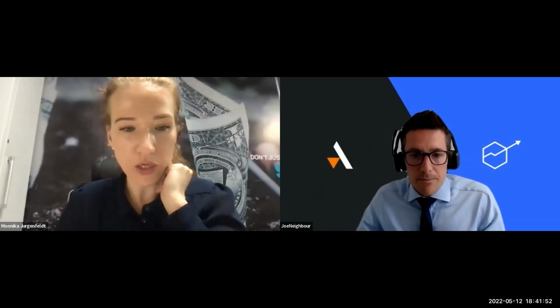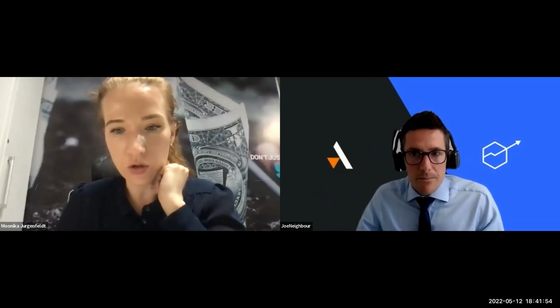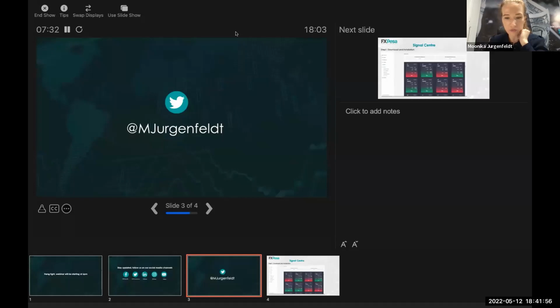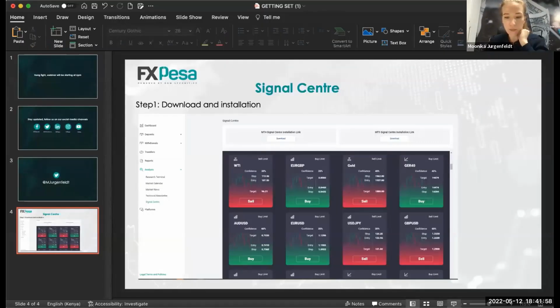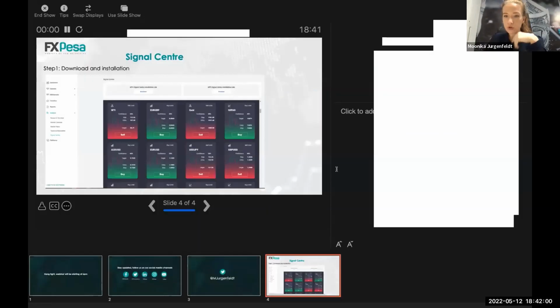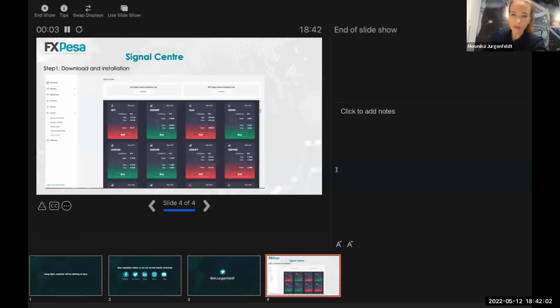There's been quite a few questions regarding where can I get the installer, etc. So I'm just going to show everyone on the Zoom call. The installer is available for all FX Beesa and EGM Securities live trading clients. You can locate it in your client portal. As you can see on the screen, if you log into your client portal, on the left-hand side there's a tab called Analysis.